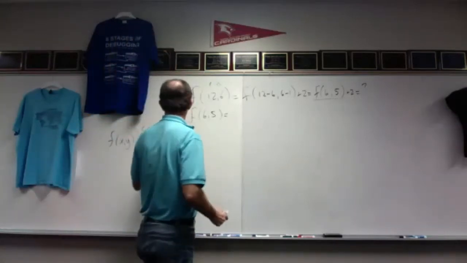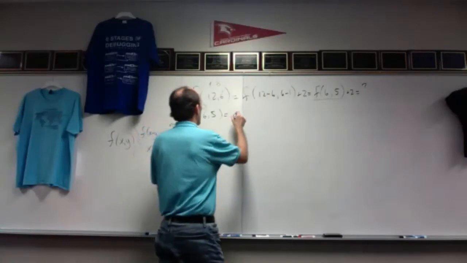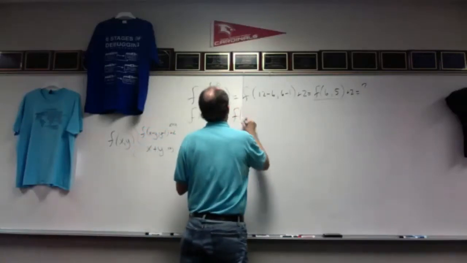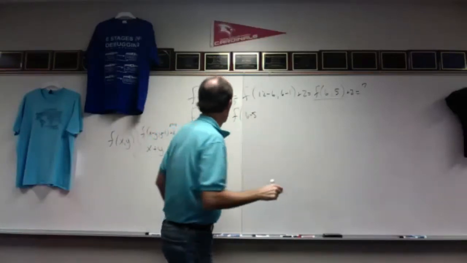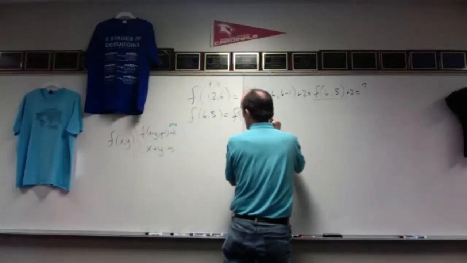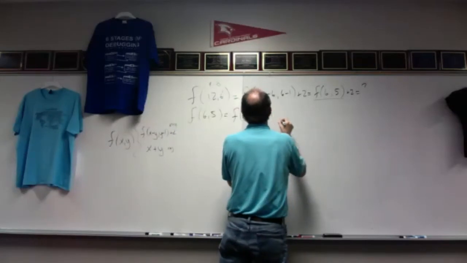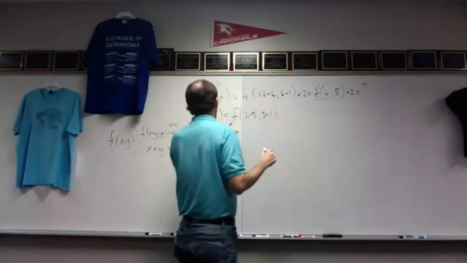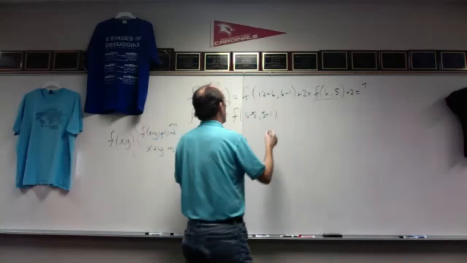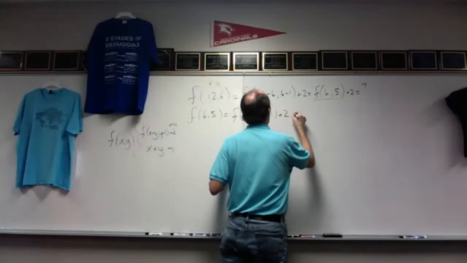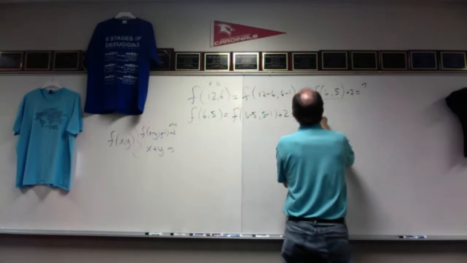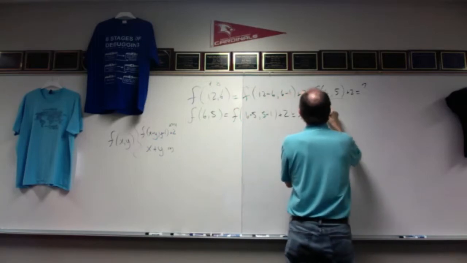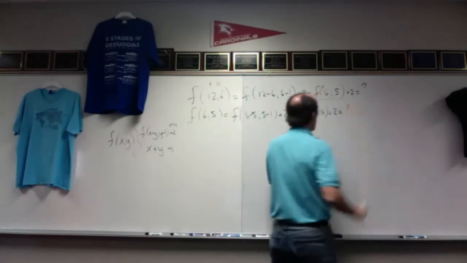Okay, so f of 6, 5 equals f of 6 minus 5. You must write that out. Don't do it in your head. Comma, 5 minus 1. By the way, shout out if you see me make a mistake. Plus 2 equals f of 1, comma, 4 plus 2 equals, we don't know.